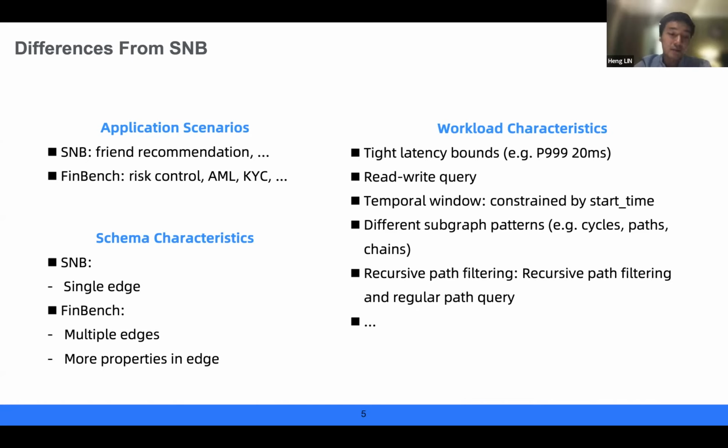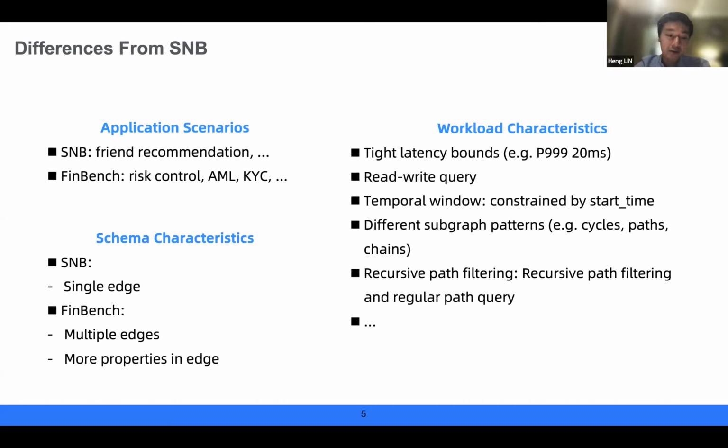Most of the time, SNB has a single edge or a few edges, and the financial benchmark has multi-edges, because when we transfer money between two accounts, we may transfer many times in one day, and over months there are many edges.